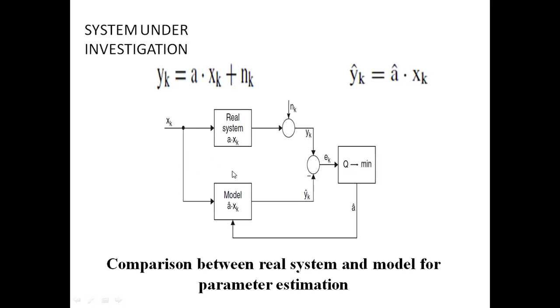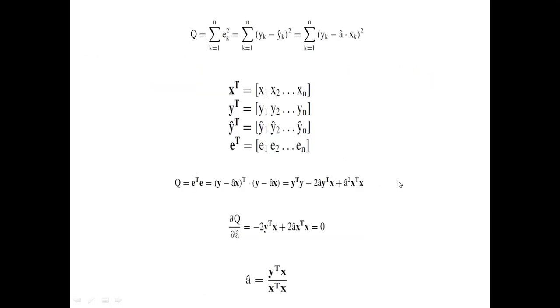So this is the comparison between the real system and the model for the parameter estimation. Here yk is equal to a times xk plus nk in the real system, whereas in the model we obtain only a times xk. So we have to check the minimum quality, and that has to be verified again. This is the system under investigation, between the real system and the model estimation system.